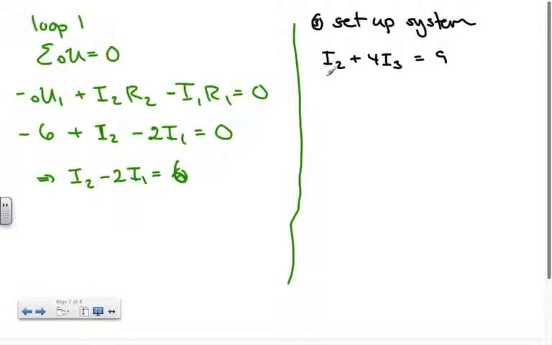The second equation is I2 minus 2 I1 is of course 6. Now, I have a problem. I have 3 unknowns and 2 equations. How do I get rid of this third unknown? The third unknown can be eliminated via elimination or substitution. So we can eliminate it via substitution.